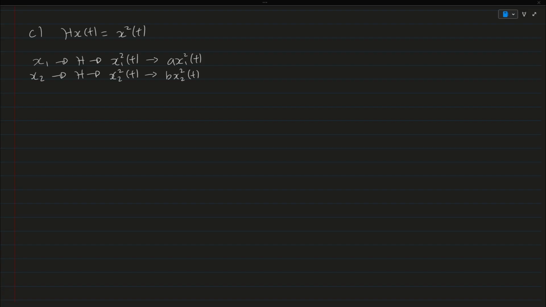Taking the summation, we get a x1 squared plus b x2 squared of t. And now we pass through the system the input a x1 of t plus b x2 of t.